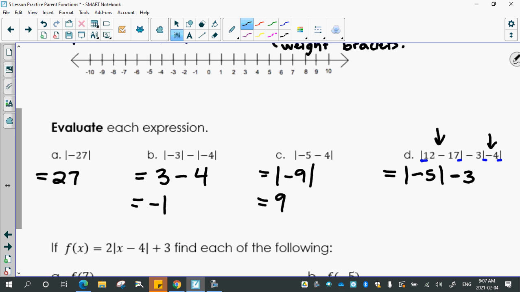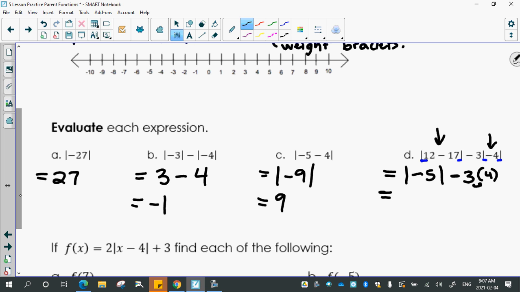Here's my next set of absolute value bars. There isn't an operation to do inside, so I could actually just take the absolute value of -4 right now, which is 4. So now that I've taken the absolute value, it's just going to go in regular brackets because it's right beside this 3 here. Okay, so I can't just write down 3, 4, or it'll look like 34. So this is going to be multiplied.